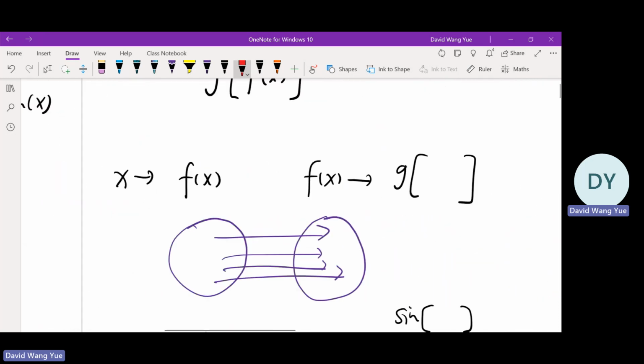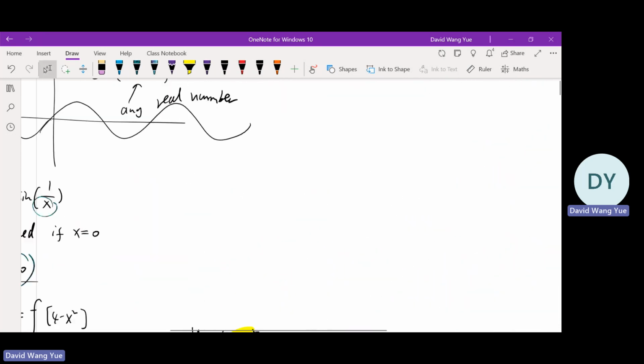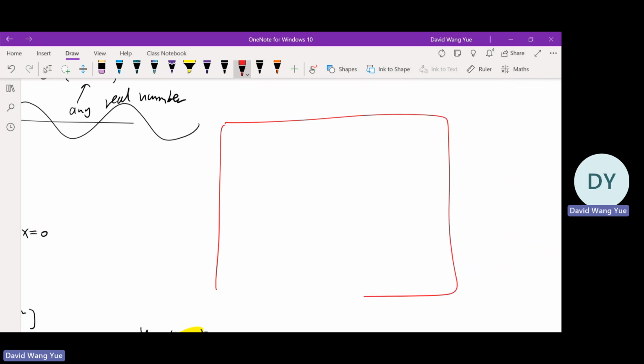Generally, there are three cases that could make a function undefined. Just now, I already mentioned 1 over x. Let's put it more generally. The first situation is a function over another function, which is undefined when g(x) equals 0.